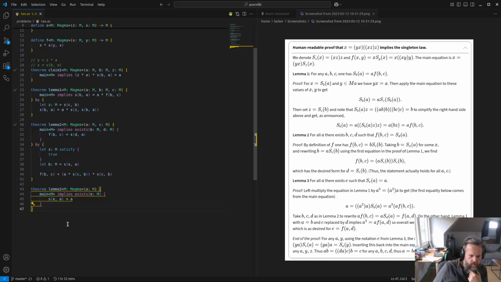And then the first equality comes from the main equation. So let's see. So we want to prove this, but what are B and C here?